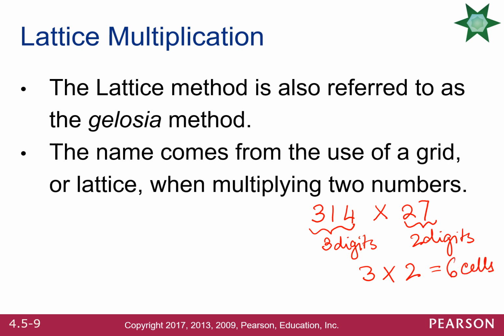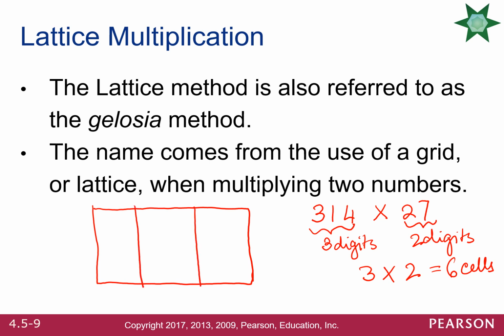We start the multiplication process with a rectangle, and there will be three columns in the rectangle for each of the 3 digits in the first numeral, and the 2 digits will be the rows of the matrix.